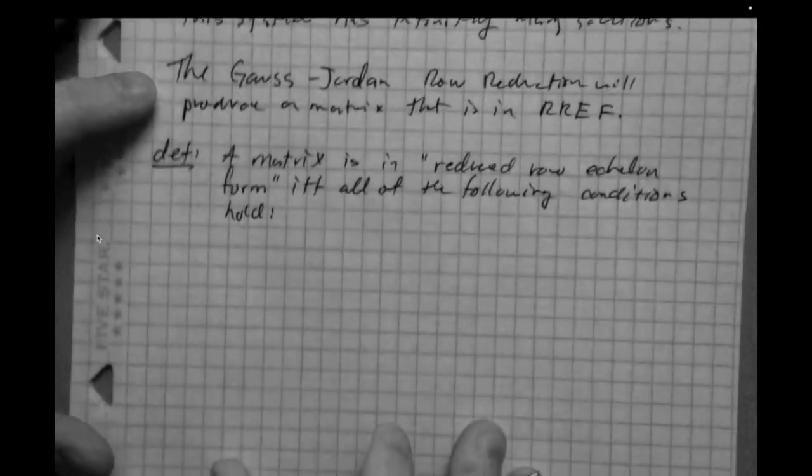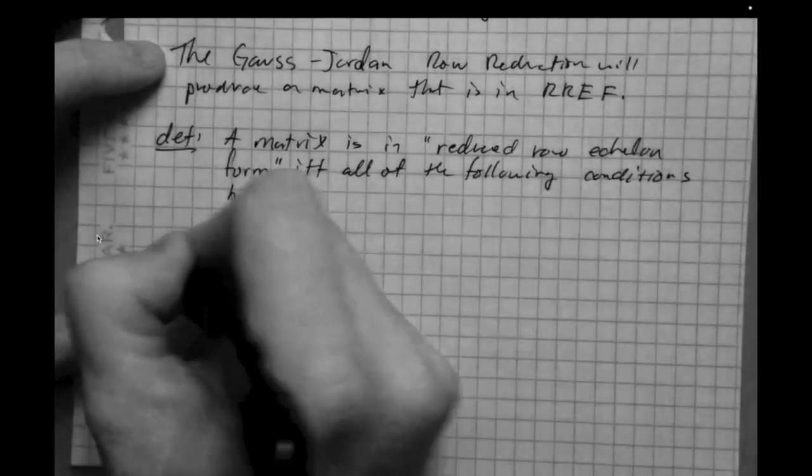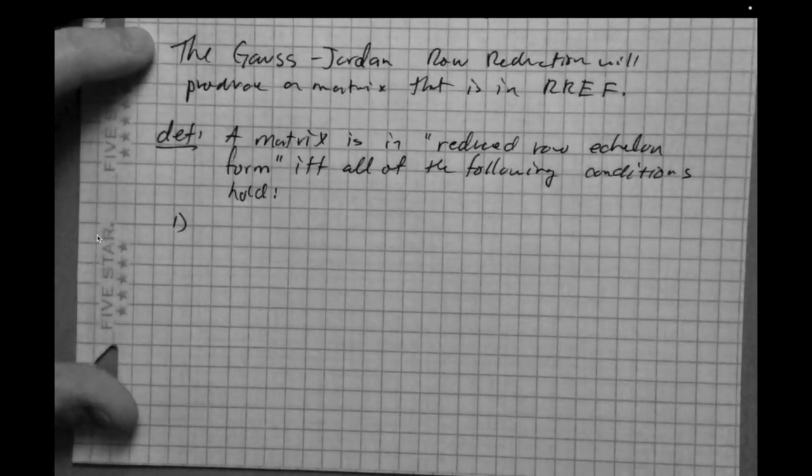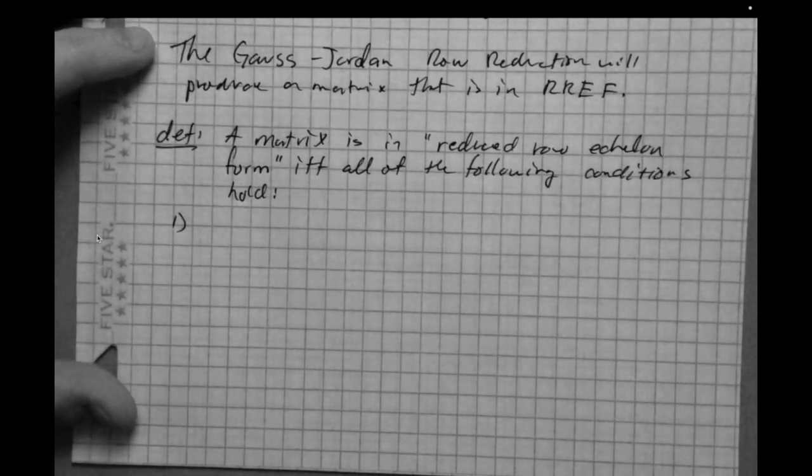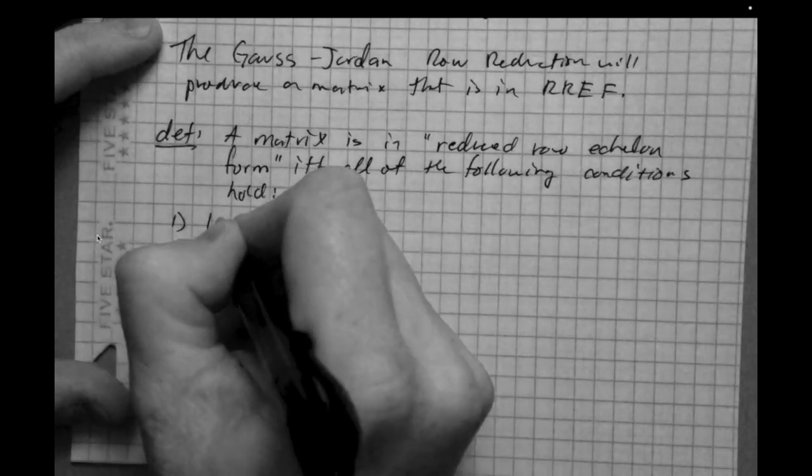Okay, so there'll be 4 conditions that need to be met. First of all, the first non-zero entry in each row is 1.